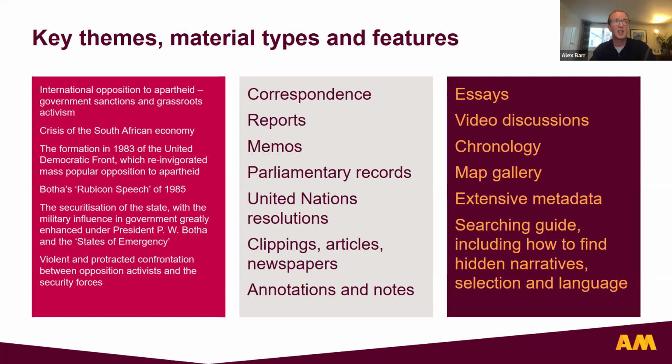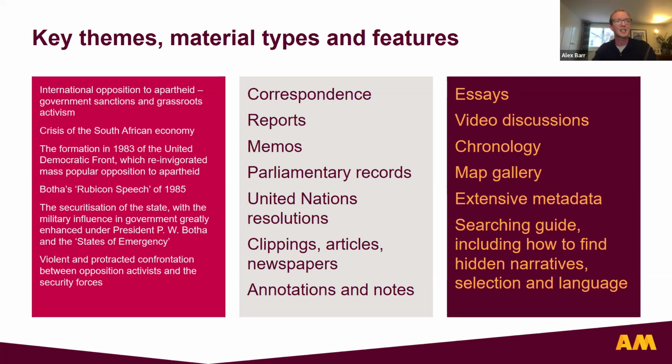So in response to that international and internal pressure, South Africa's President P.W. Botha recommitted to the policy of apartheid in 1985 with his so-called Rubicon speech, and subsequently began imposing restrictions against opposition groups, using state of emergency legislation to empower South Africa's security forces.